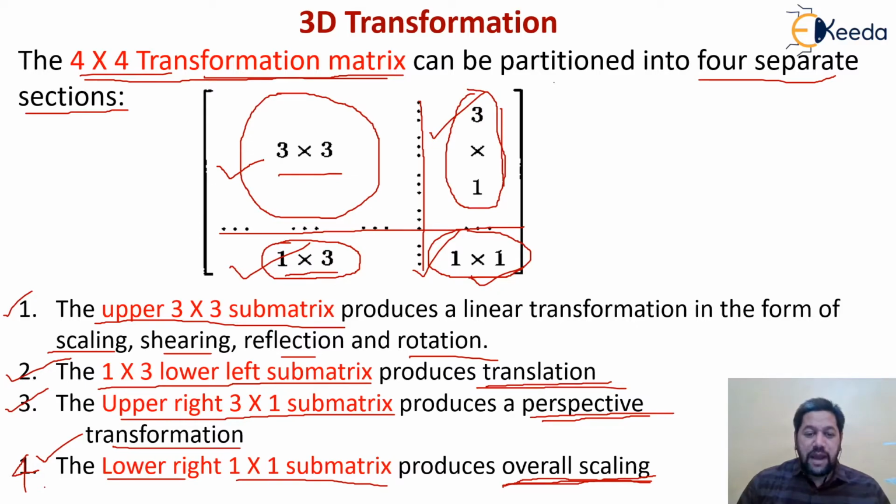With this background, let us understand the 3D translation and how it works. I am moving to the discussion of 3D translation. Everyone must remember this 4 by 4 transformation matrix and how these 4 parts, the 3 by 3, 1 by 3, 3 by 1, and 1 by 1 submatrices, are represented and what their purpose is.